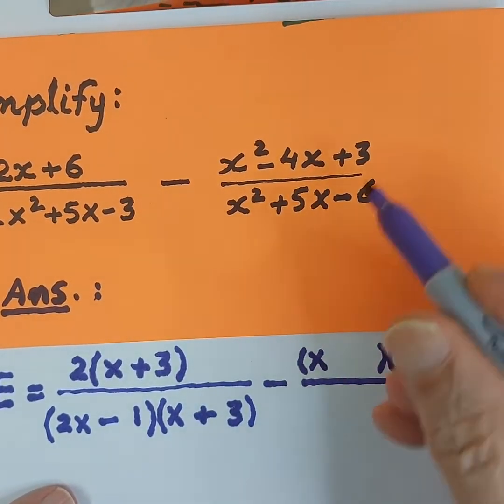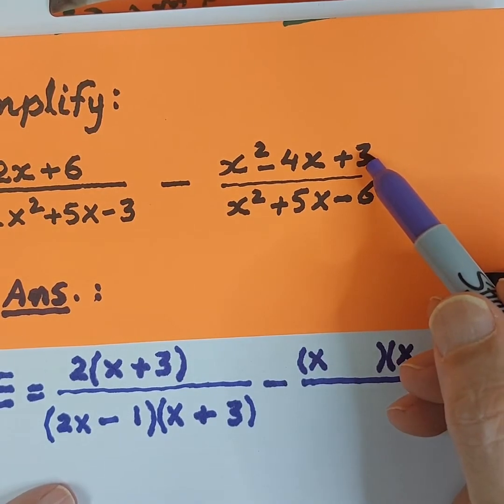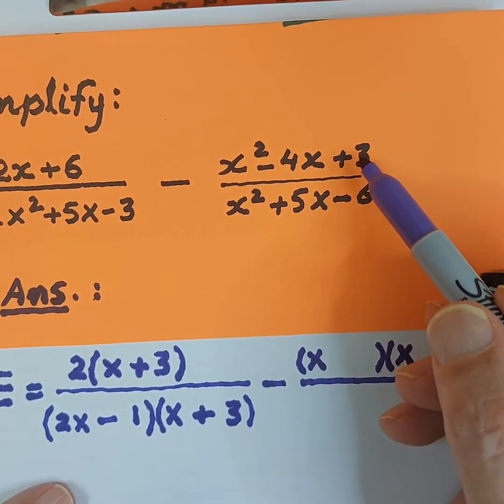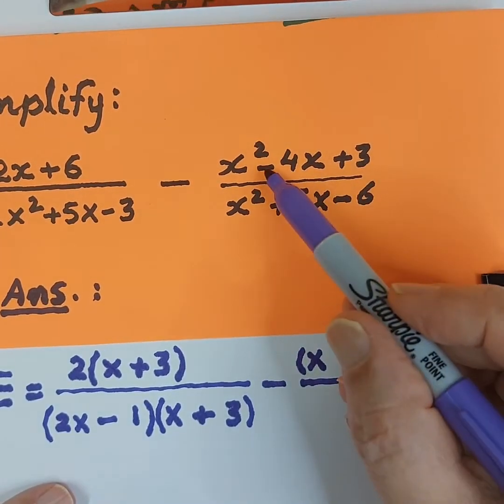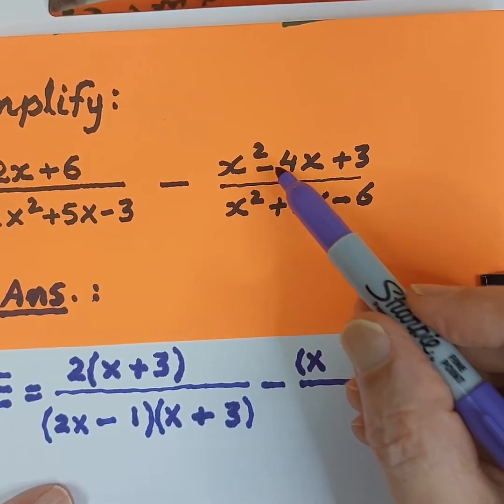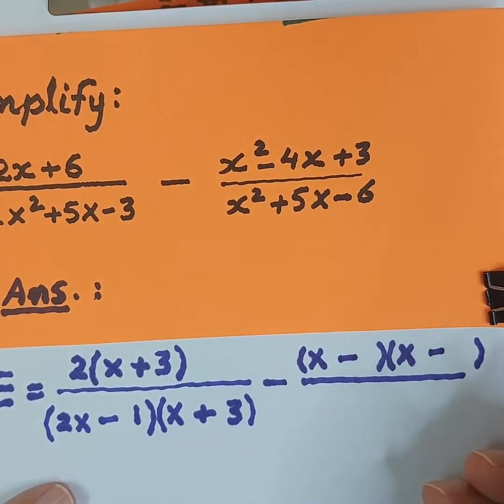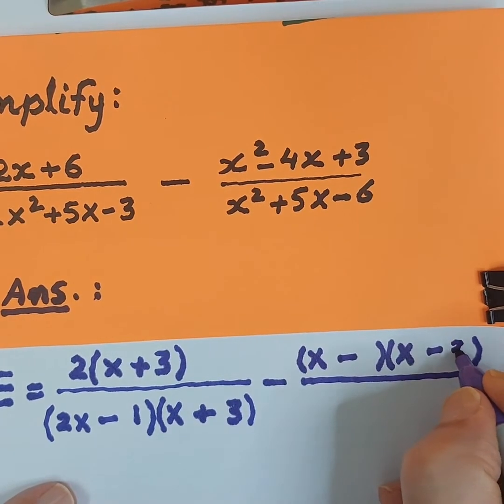And then number 3 will be 3 by 1. And because this is positive, the two factors will have the same sign as the middle, negative. So this will be negative here, and this will be negative, 3 and 1.